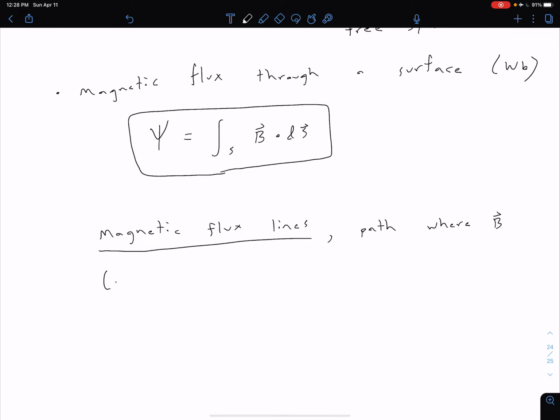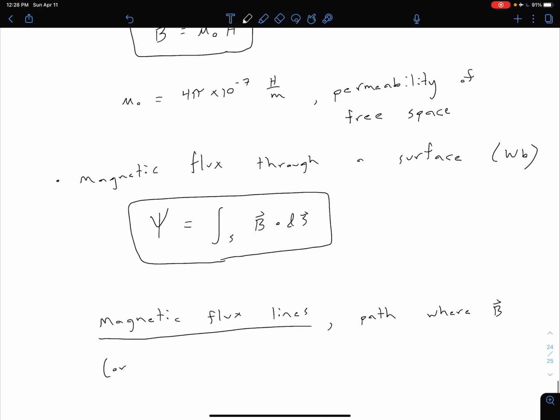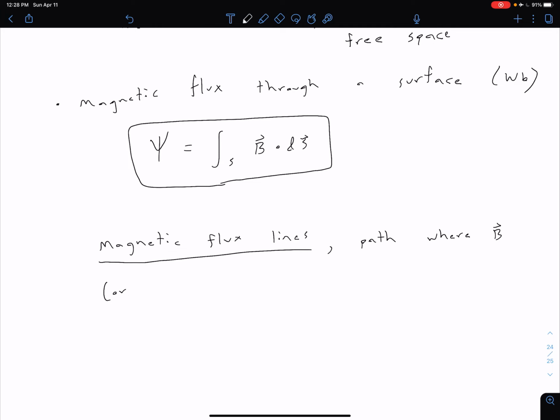Really, because B and H for a uniform material are just related by that proportionality constant of mu naught, we can say B or H is tangential at every point.